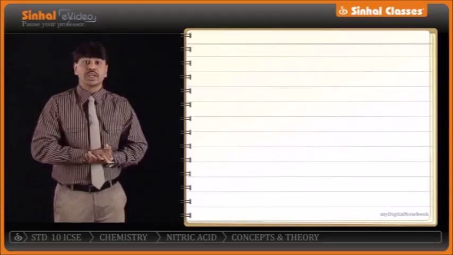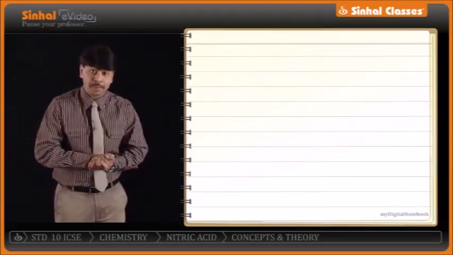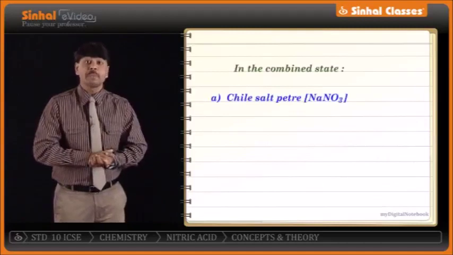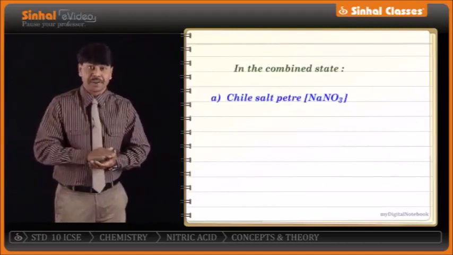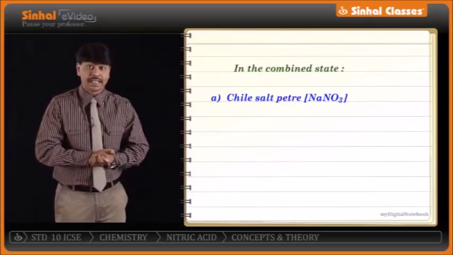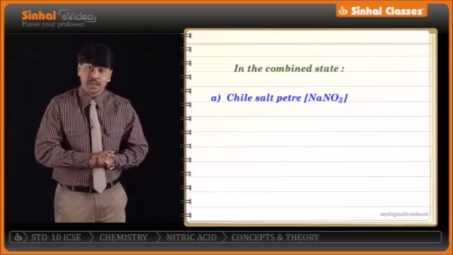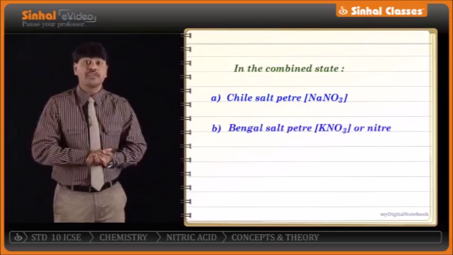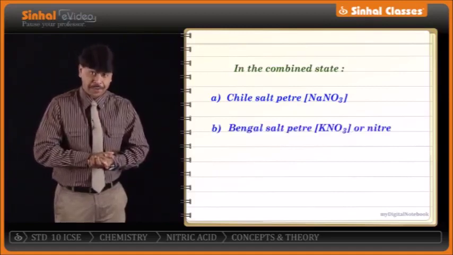Not only that, it also occurs in the combined form like chili saltpetre. Chili saltpetre is the other name for sodium nitrate, that is NaNO3, and also in the form of Bengal saltpetre.